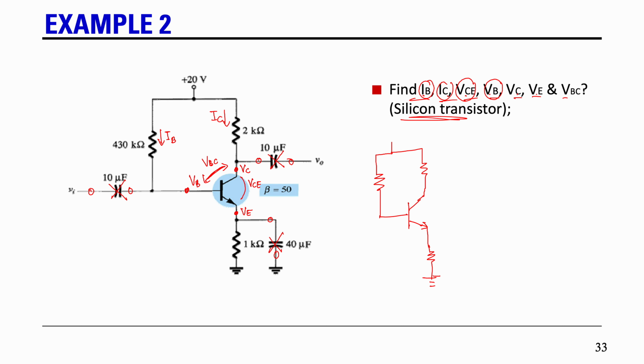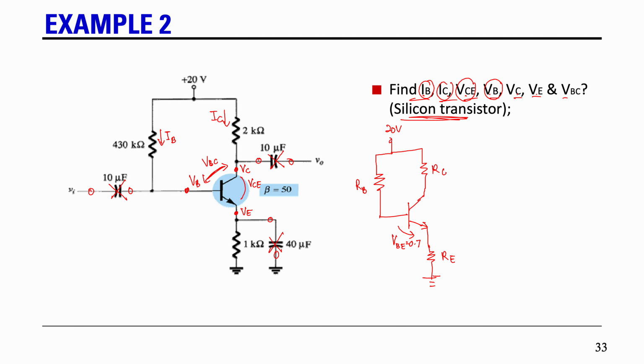This is your RB, this is your RC, and this is your RE. They said this is a silicon transistor, so another piece of information we have is VBE equals 0.7. And our VCC is 20 volts.